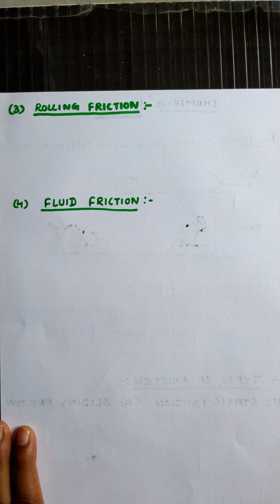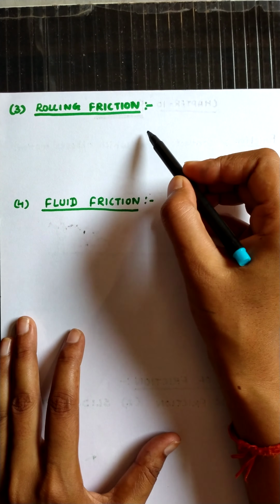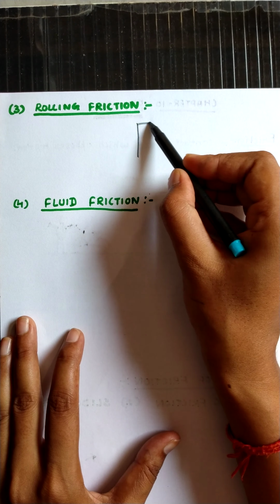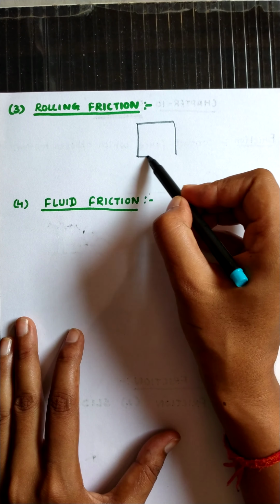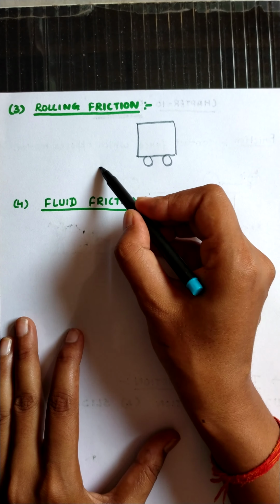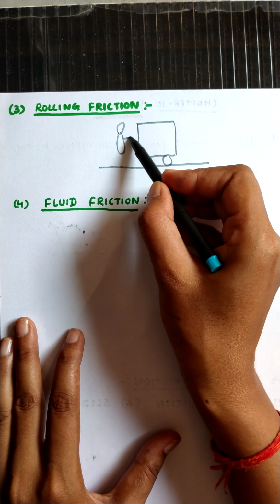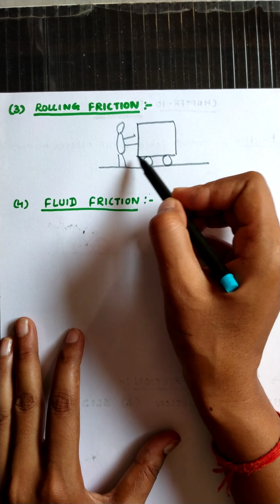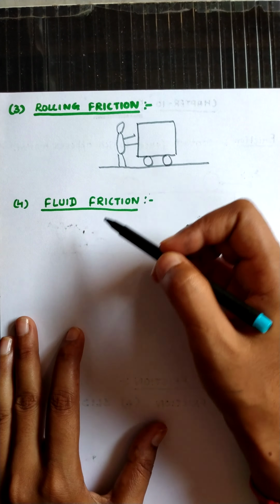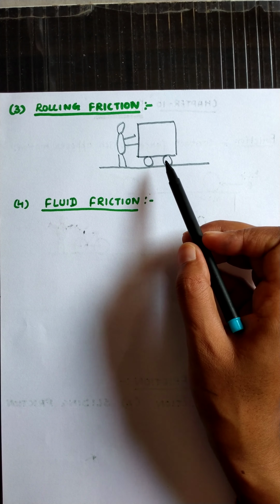Now the third type of friction is the rolling friction. What happens in rolling friction? Actually, suppose a body is having tires. If a person is pushing it, then the object will move easily. Why? Because the tire rolls on the surface.